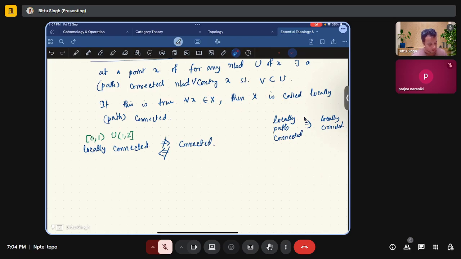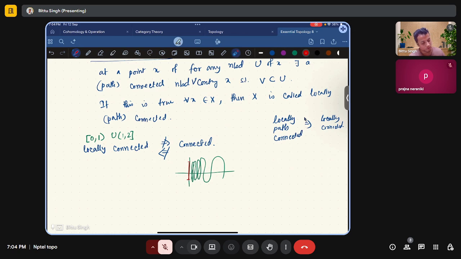Now, can we give a reverse kind of example? Yes, we have already actually given one. Recall the same counterexample, the topological sine curve. I am just drawing it. It is something like this. This is connected but not locally connected.